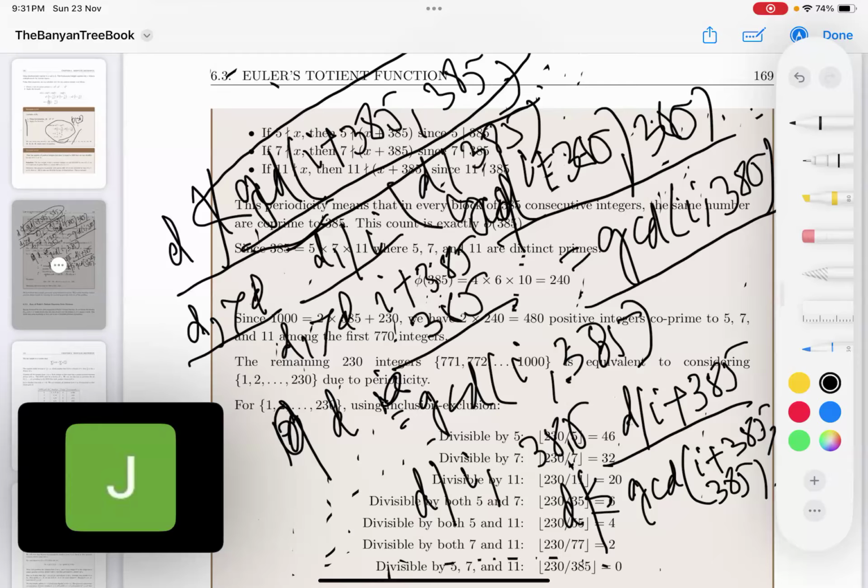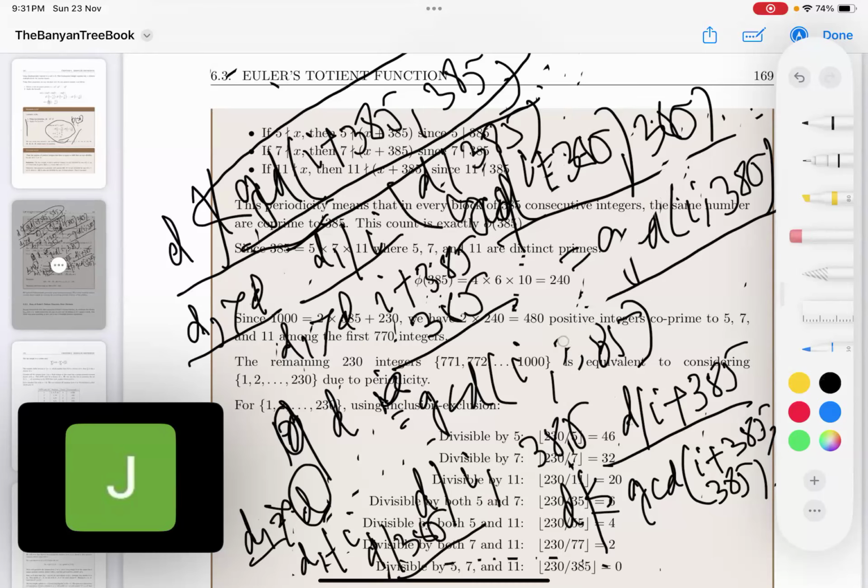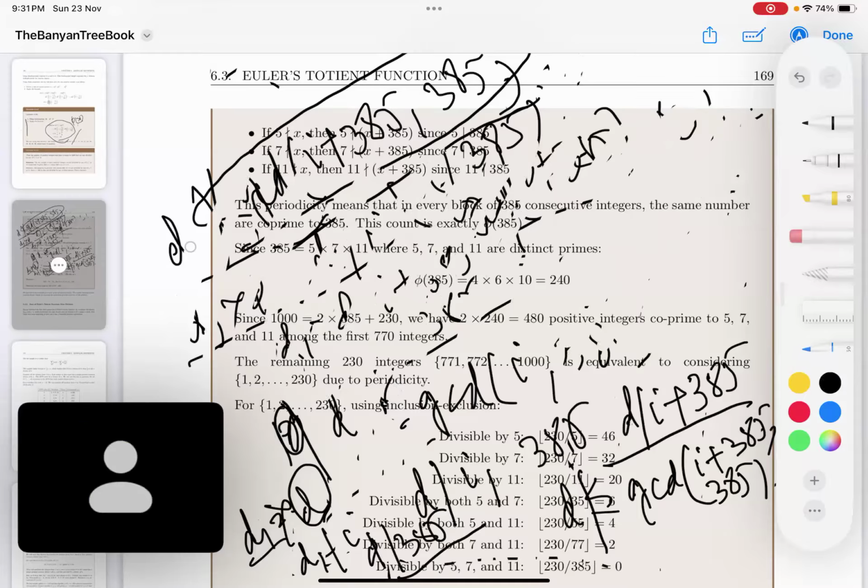Which means D1 is greater than D. So D can't be the GCD, because there is another D1 which divides both I and 385. So a contradiction. Clear? Yes. So that's the idea.